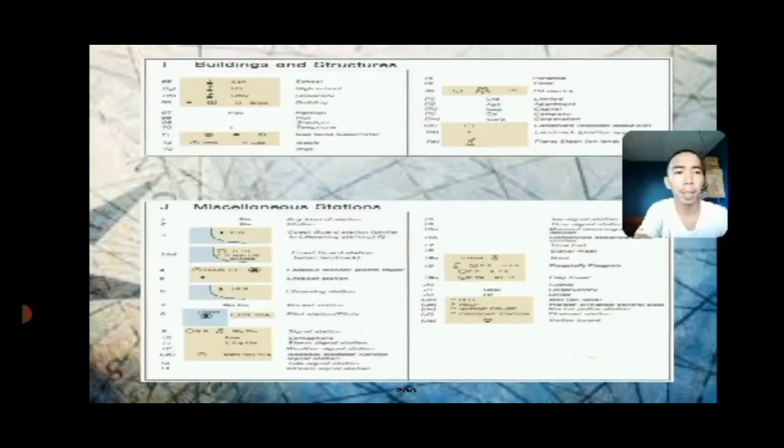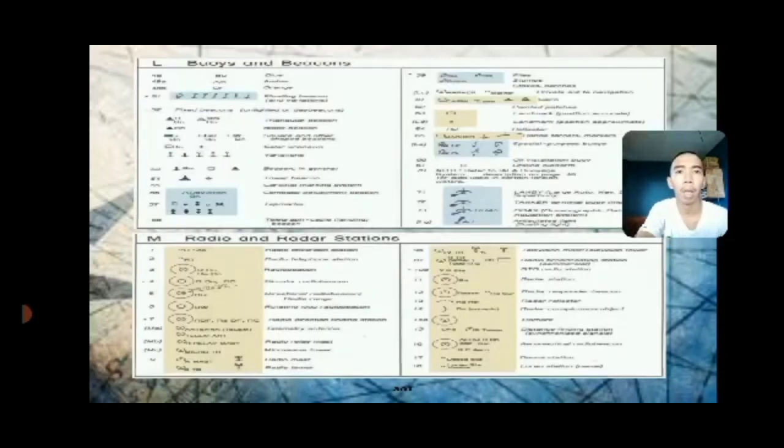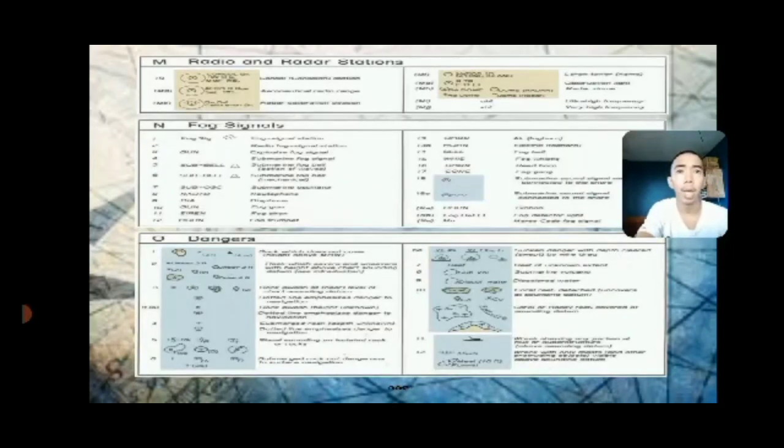J. Miscellaneous stations. K. Lights. L. Buoys and beacons. M. Radio and radar stations. N. Flag signals. O. Dangers.